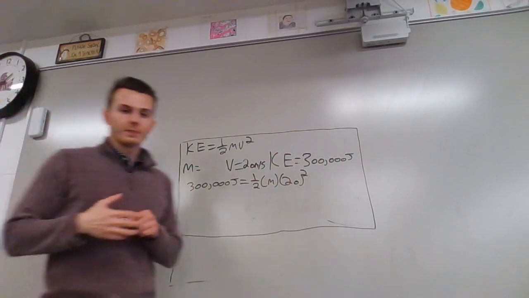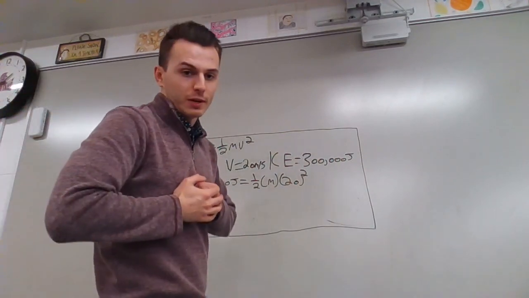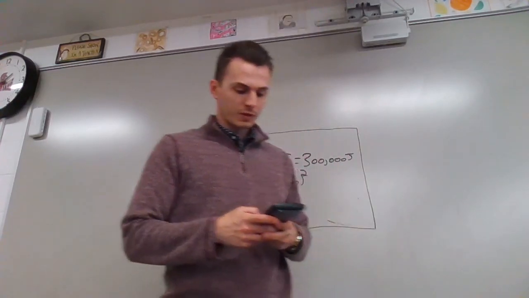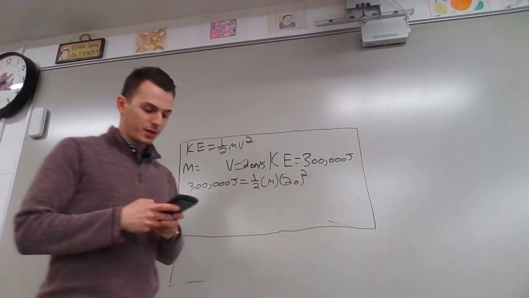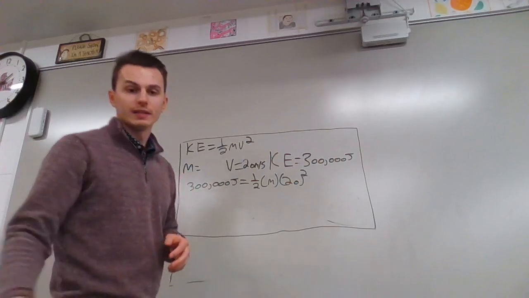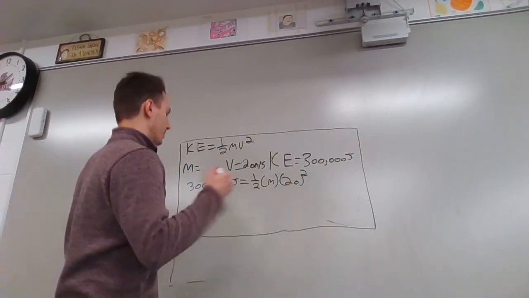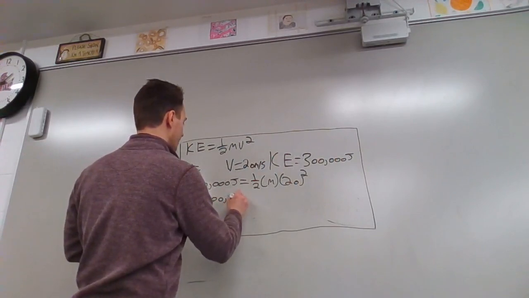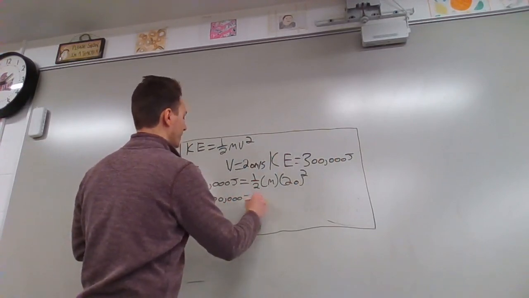What we'll do here is we'll take the 20 squared, find what that value is, and then multiply it by 0.5. So we'll take 20 squared, that is 400, times 0.5 equals 200. So where we're at is we have 300,000 J, and we solved the right side.